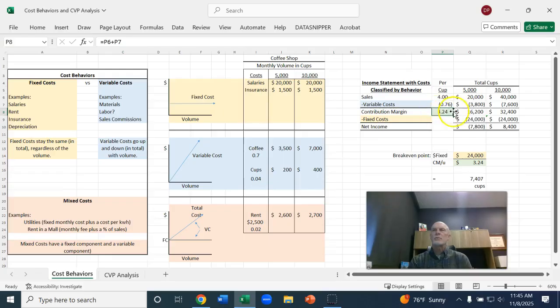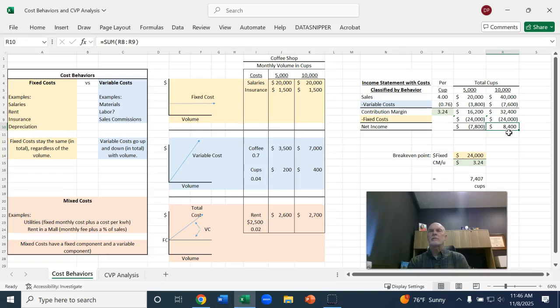So our total contribution margin depends on how many cups of coffee we sell. We would then subtract the fixed cost, and we can see that our net income is actually a loss at 5,000 cups, and then it turns into a profit of 8,400 if we sell 10,000 cups. So somewhere between 5,000 and 10,000 cups is our break-even point.